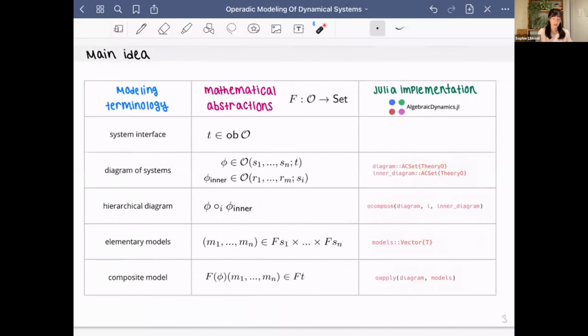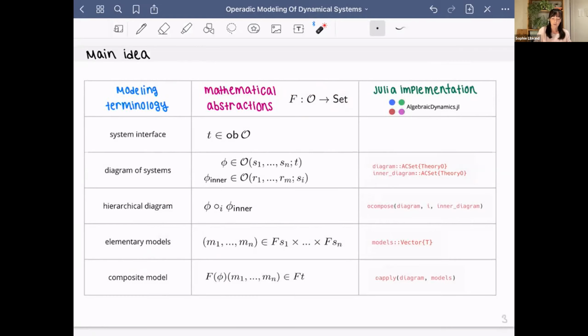The main idea that I'm really excited to present today is the correspondence between these three different worlds. On the left-hand side, we have the world of modeling terminology and intuition. In the middle, we have the world of mathematical abstractions, where applied category theorists have taken those intuitions from modeling dynamical systems and formalized them into operads to describe the syntax of composition and operad algebras to describe the semantics of composition.